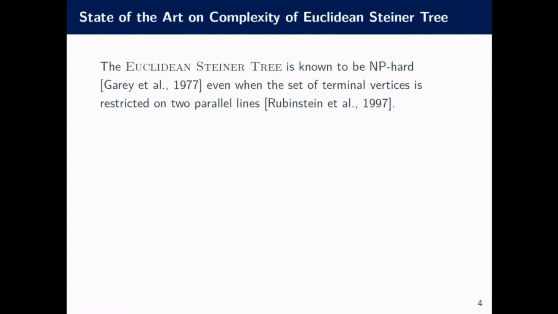For example, we are given 5 points here, and of course, there are multiple ways to connect them. And we ask ourselves how efficiently this can be done. This problem is NP-hard by Garey, and it's still hard when we restrict the set of terminal vertices on 2 parallel lines.